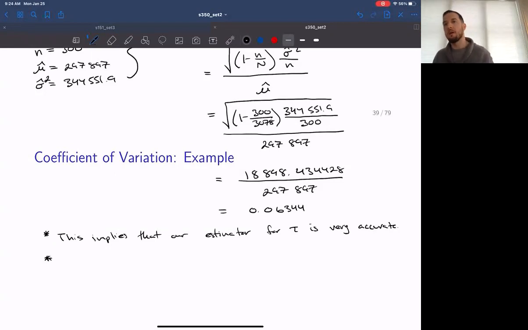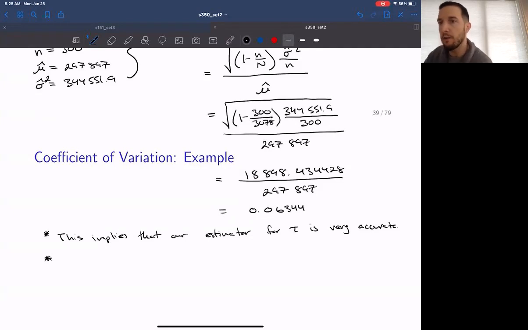Now, the issue here is sort of the same thing as when using a p-value without a significance level. How small or how close to 0 do you actually have to be for the estimator to be considered the best estimator or a good estimator? So the real strength or value of the coefficient of variation in the context of how we are using it is when we can use it to compare across different estimators.